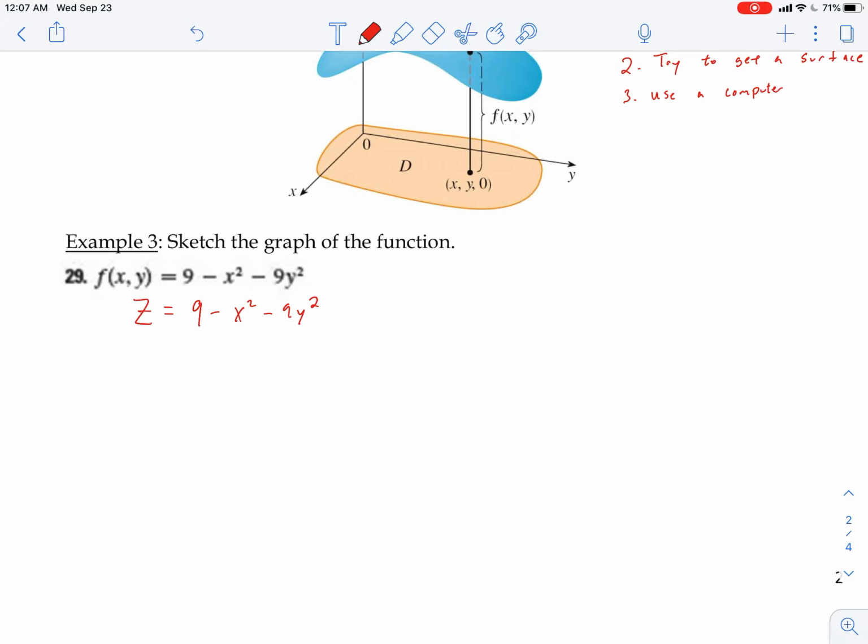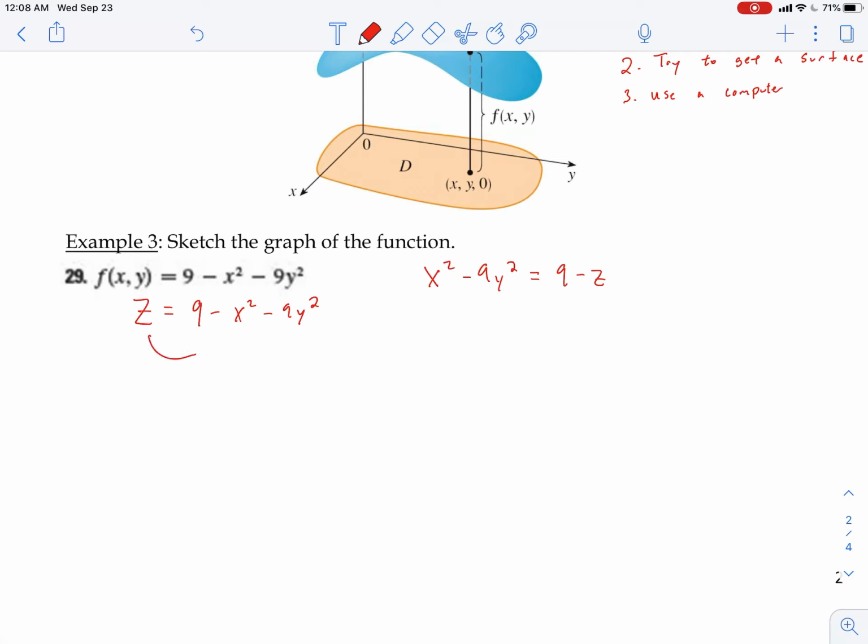And what we want to do is put this in a surface that we know. So I'm going to move my x squared and y squared to the left, and I get x squared plus 9y squared is equal to 9 minus z.